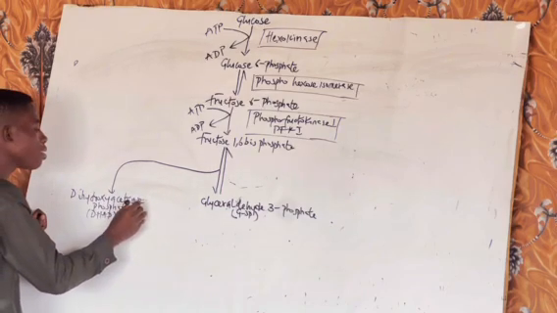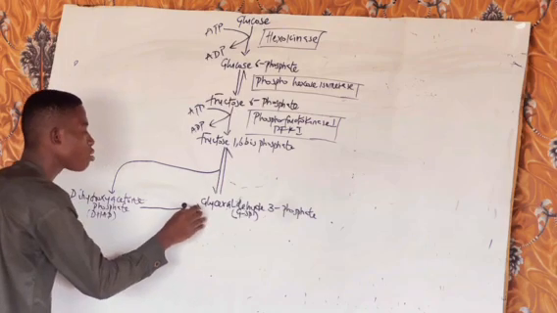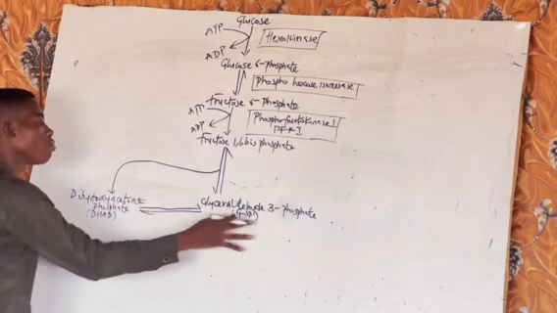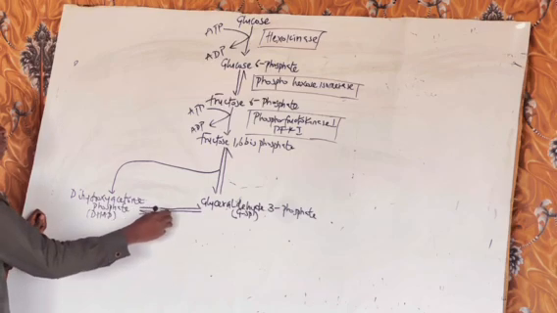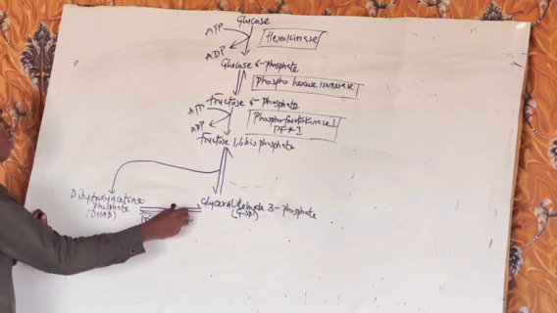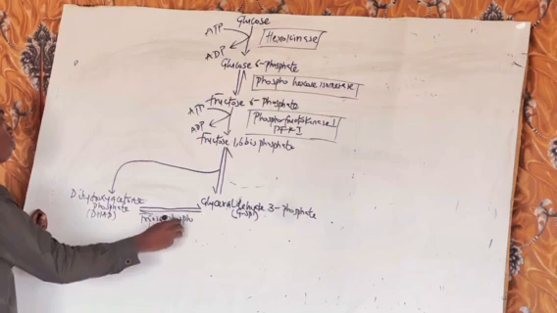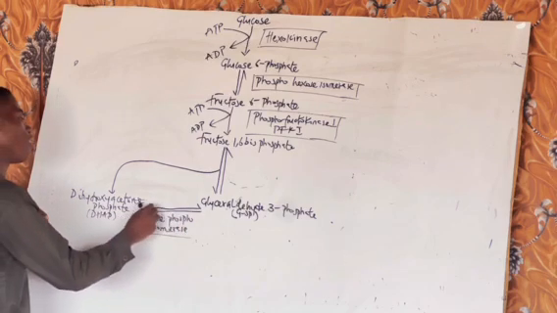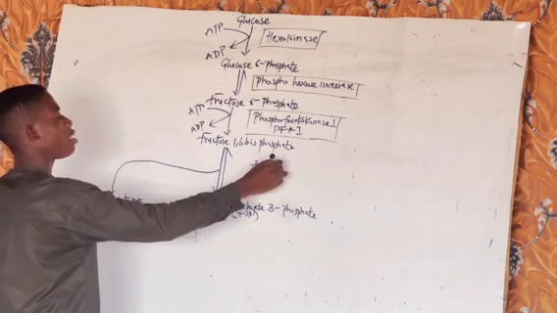This DHAP is reversibly converted to G3P by triose phosphate isomerase. And the enzyme that facilitates the splitting reaction is an aldolase enzyme.